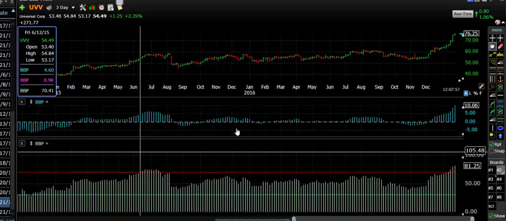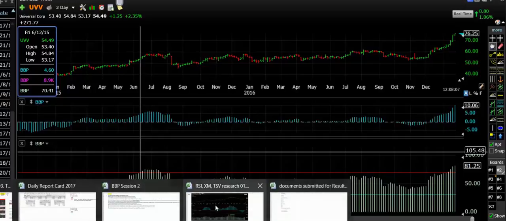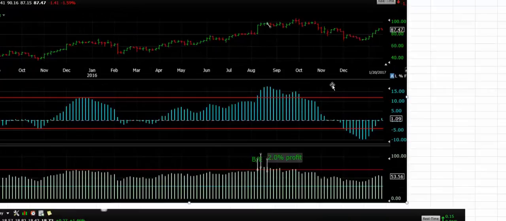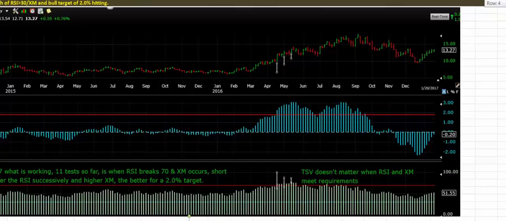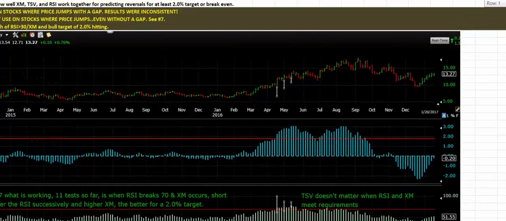Those combinations right now are working really, really well for us. So let me go back to what I was just discussing here. So that's the research so far of getting used to using this indicator.